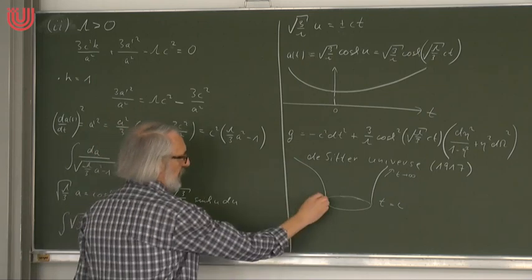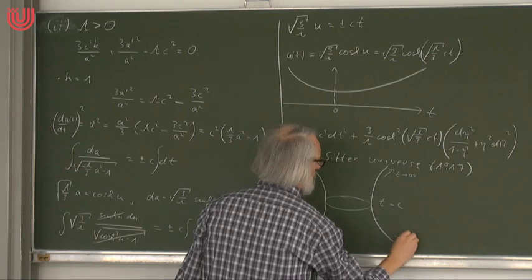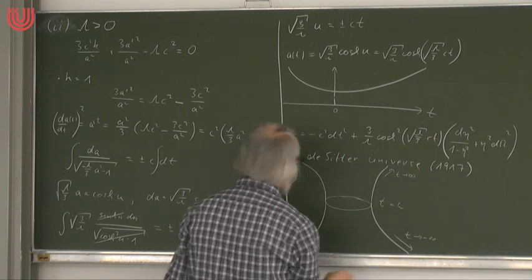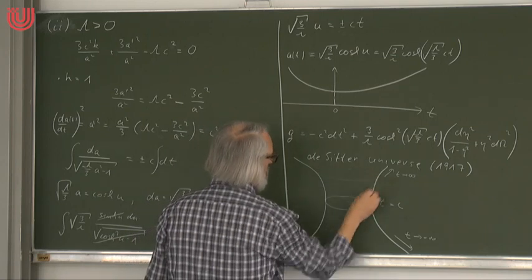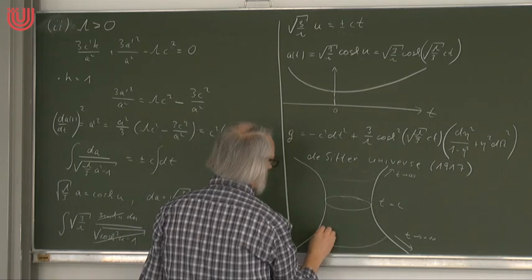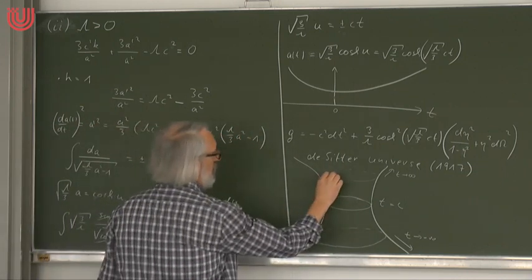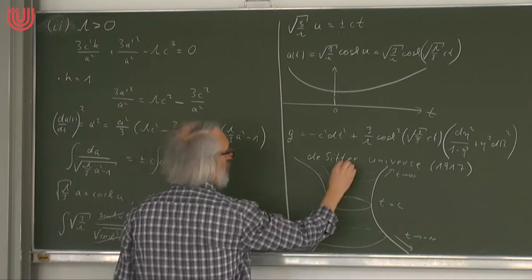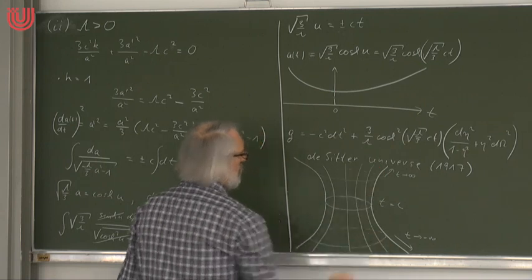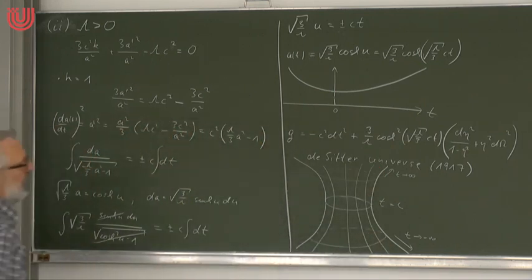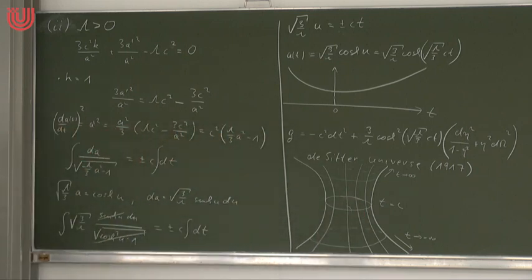And if I go to the past, it also expands symmetrically, this is for t to minus infinity. At each point in time, I have such a three-sphere, which is the universe. And the standard observers, of course, are these geodesics, which are perpendicular to these slices. So that's the de Sitter universe.